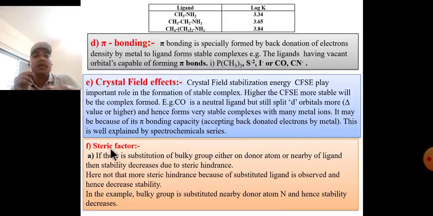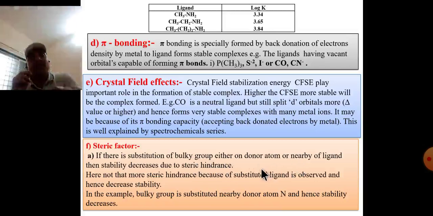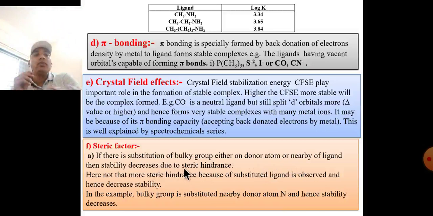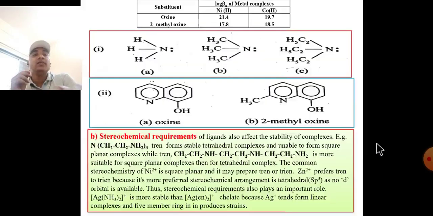Next factor, steric factor. If there is a substitution of a bulky group either on the donor atom or near the donor atom of the ligand, then the stability decreases due to steric hindrance. Here note that more steric hindrance is observed because of the substituted ligand, and hence the stability decreases. In the example, a bulky group is substituted near donor atom N, and hence stability decreases.